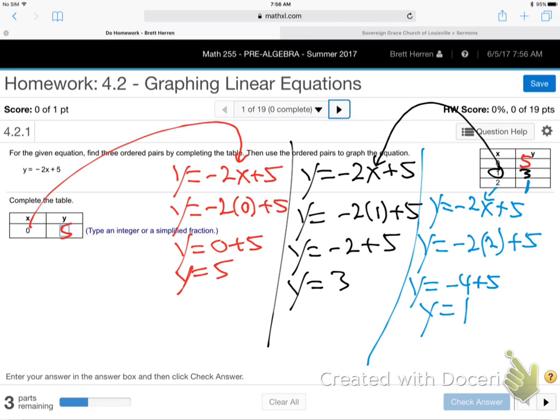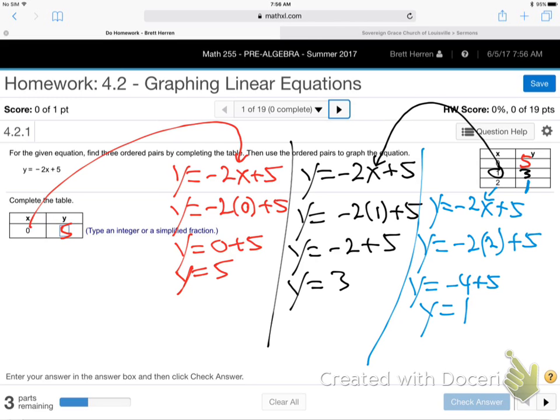So the point is 2, 1. And we good? Questions on that one? So we're making little tables.